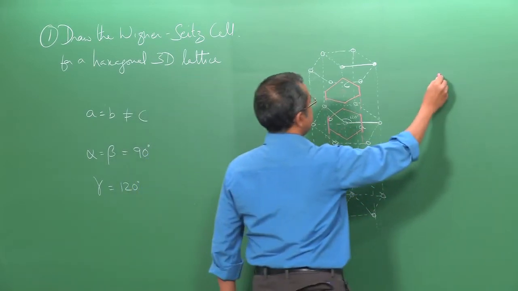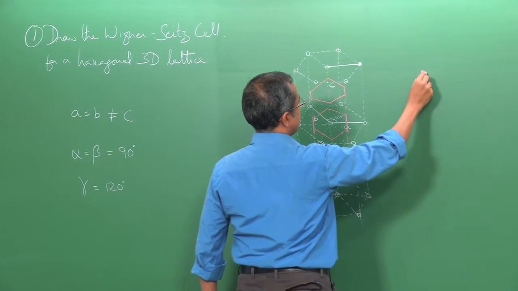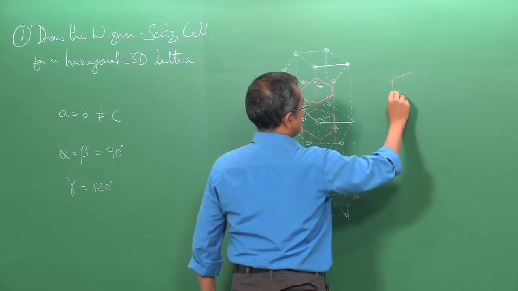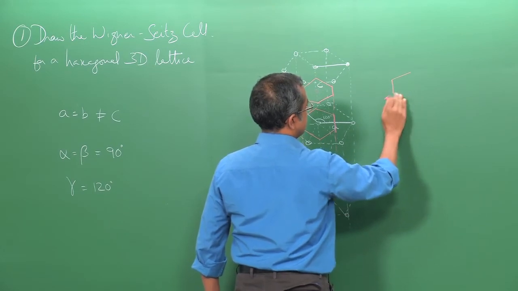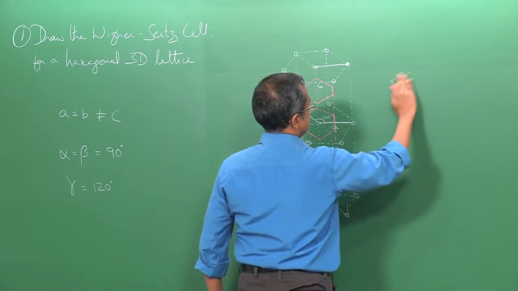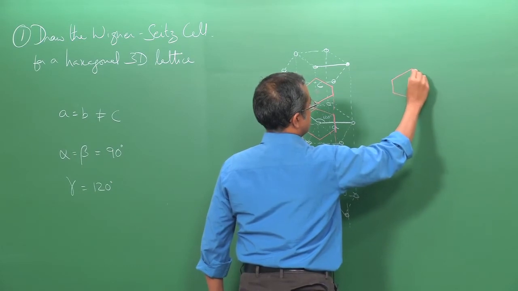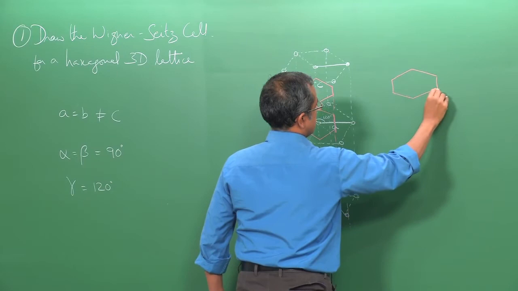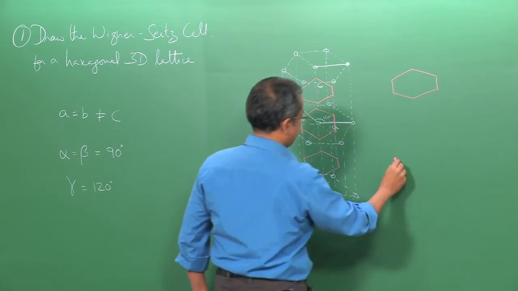Just for clarity's sake, I will just draw it roughly at the same position here, so that it is clear. And you would have a hexagon down here.